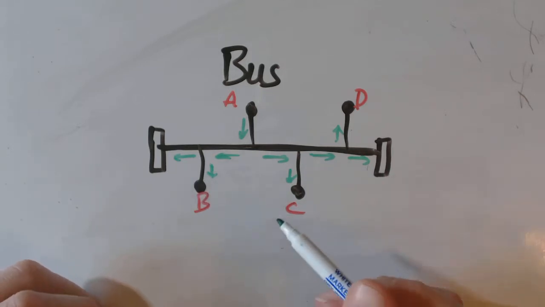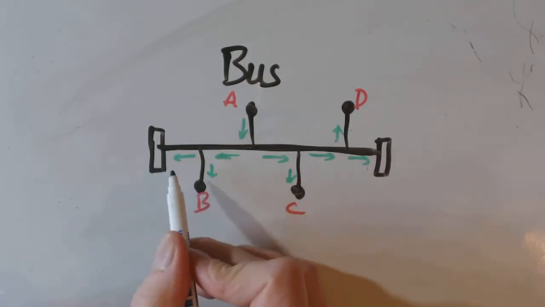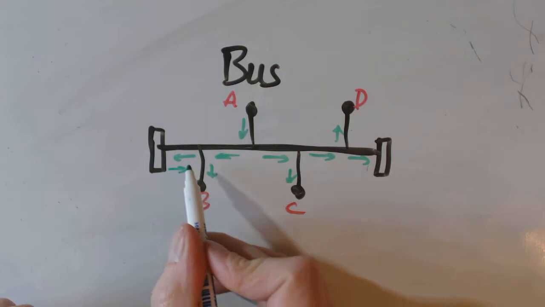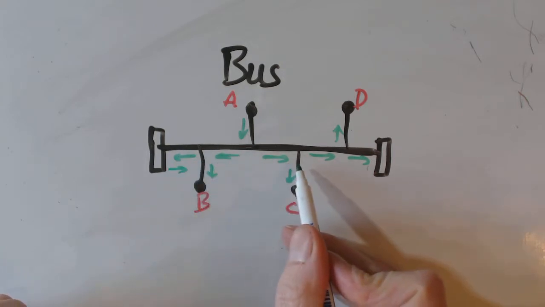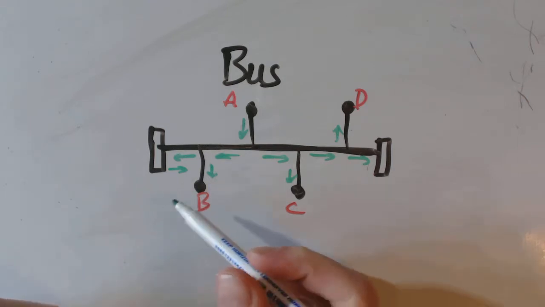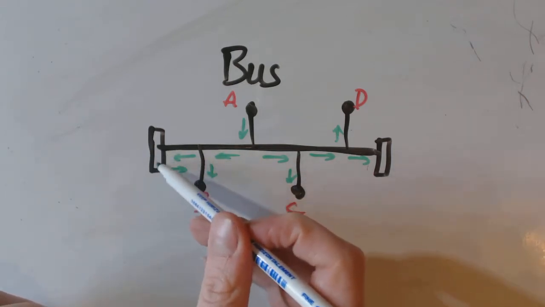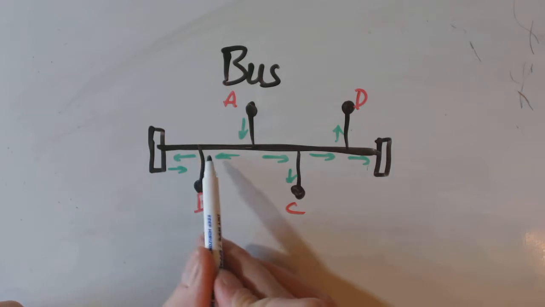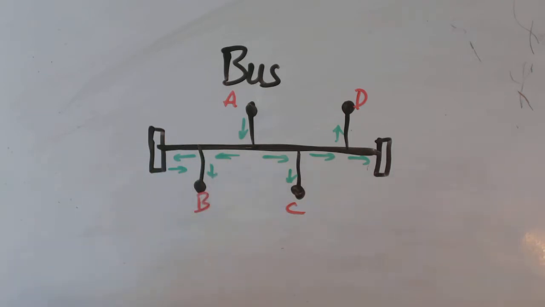So the traffic just goes down any channel available. The reason we have a terminator is we don't want the data bouncing back, because it would cause interference and more traffic. The terminator is like a buffer. It absorbs the signals going into it and doesn't allow them to reflect. If you're ever at a pond and you throw a rock in, you'll see the waves hit the side of the pond and come all the way back.